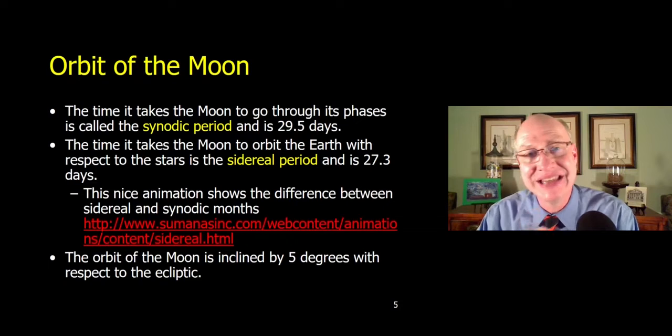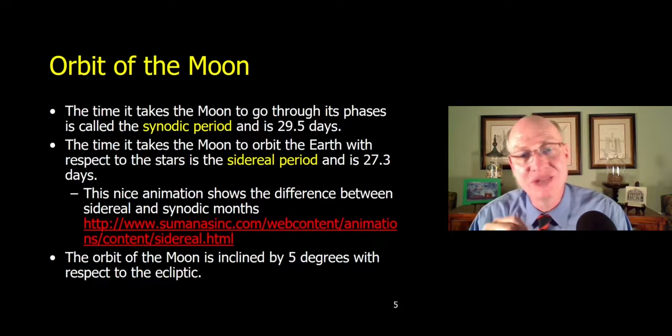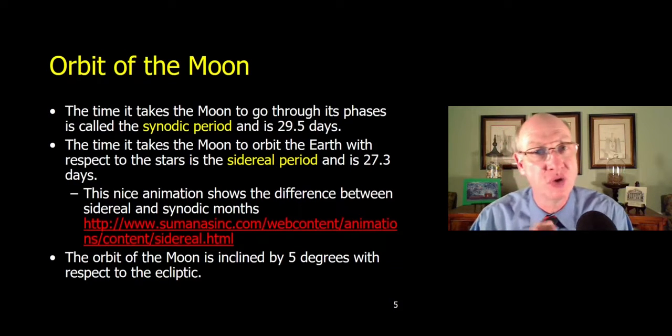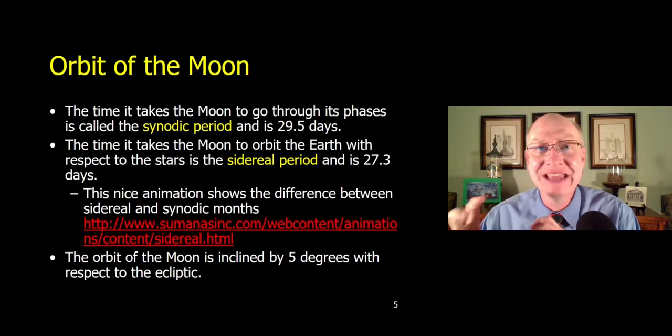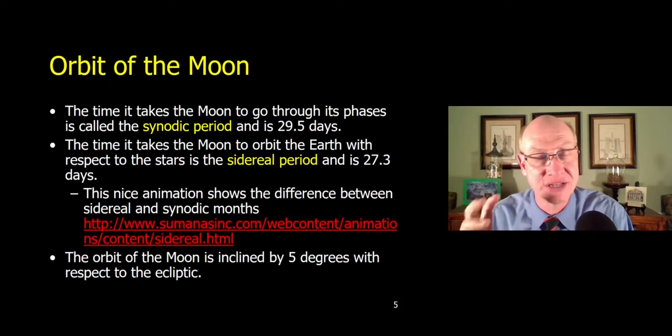Interestingly, this is not the length of time it takes the moon to orbit the Earth. Because the moon takes almost a month to orbit the Earth, we have to account for the fact that the Earth is also moving in this time. And like the difference between a solar day and a sidereal day, there's a difference between a synodic month, which is the length of time it takes the moon to go through its phases, and a sidereal month, the length of time it takes the moon to orbit the Earth with respect to the stars.